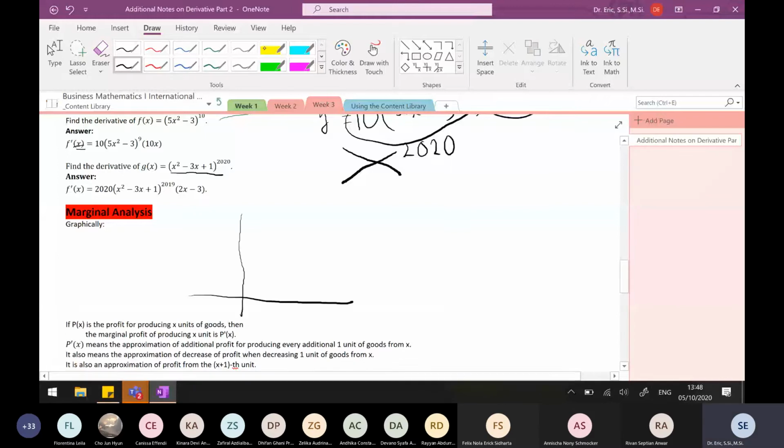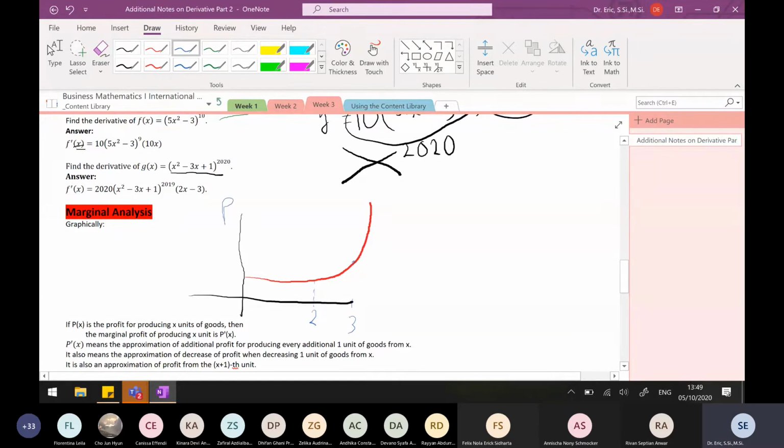Okay, let's say I have this graph. This is at x equals 2, and this is at x equals 3.